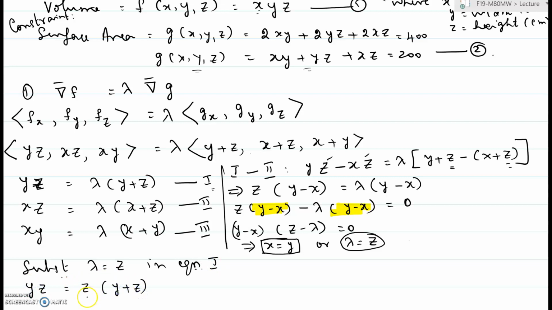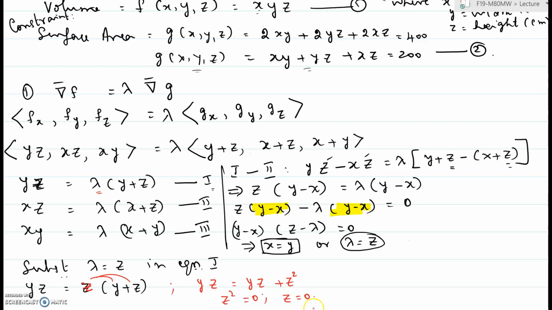We are substituting lambda equal to z, so this lambda here gets replaced by z. So this will mean yz equal to yz plus z square if you distribute the z. So yz cancel out, you get z square equal to 0 or z equal to 0.